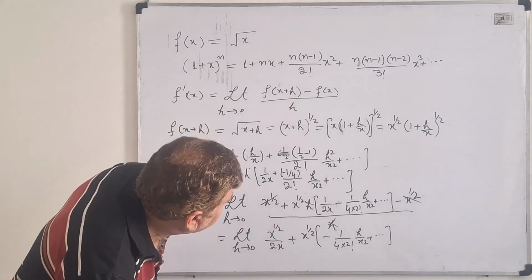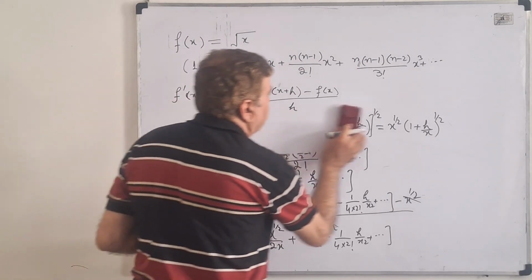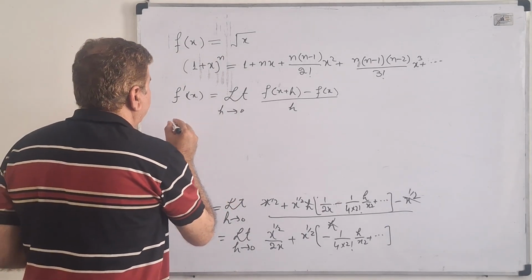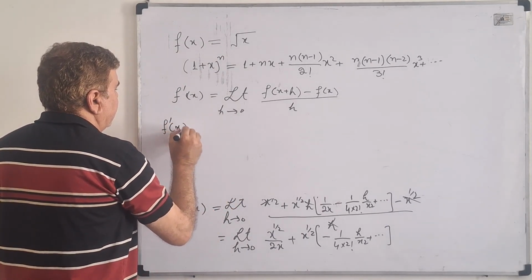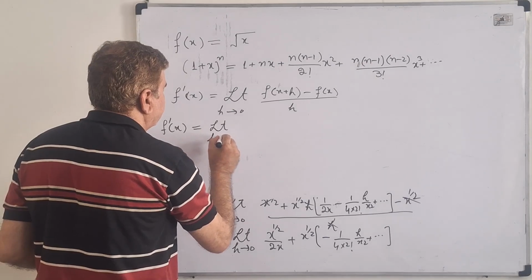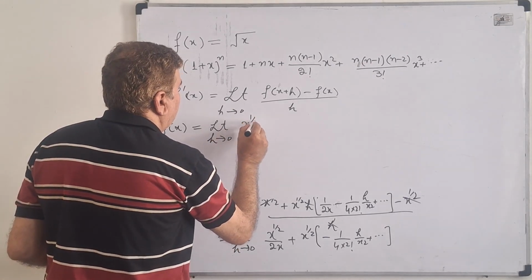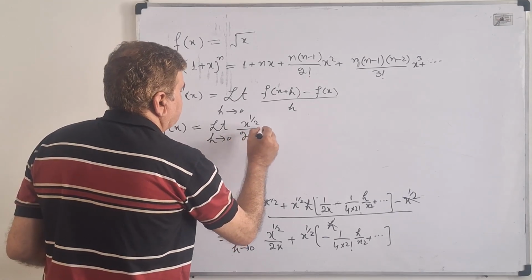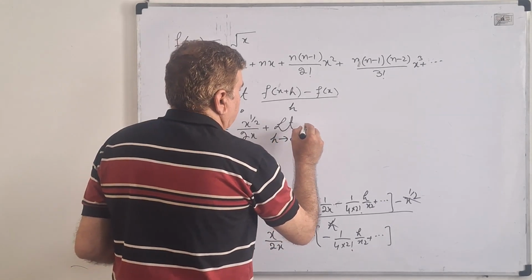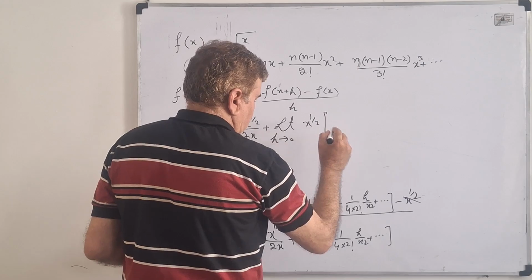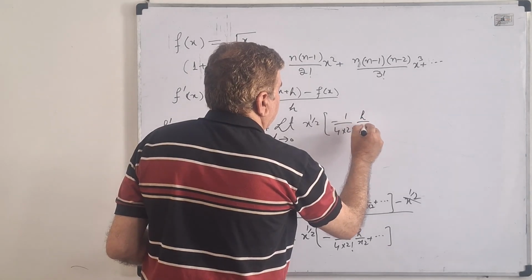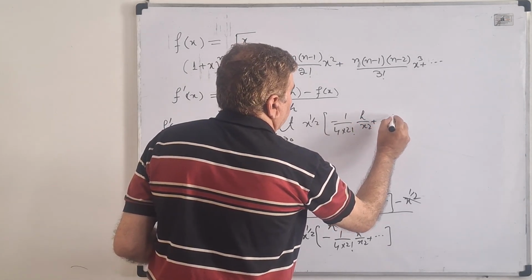So I can write f prime of x equals limit h tends to 0 of x power half divided by 2x, plus limit h tends to 0 of x power half into minus 1 divided by 4 into 2 factorial h divided by x squared, and so on.